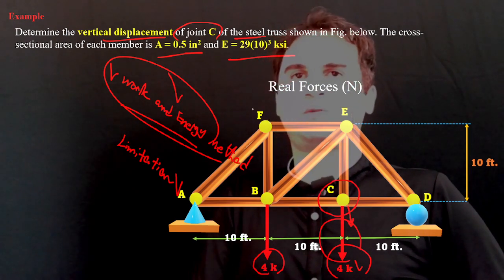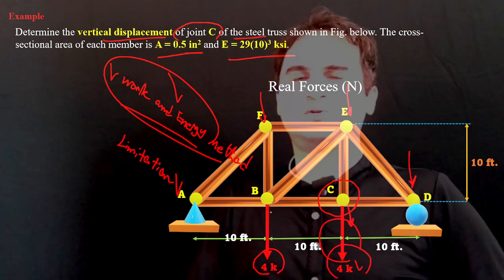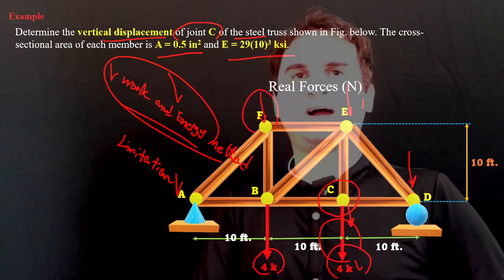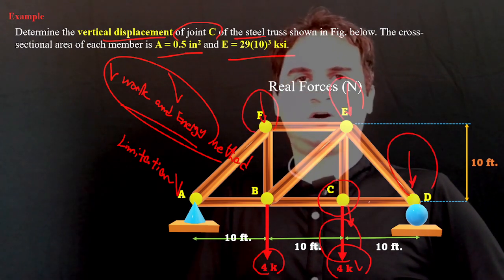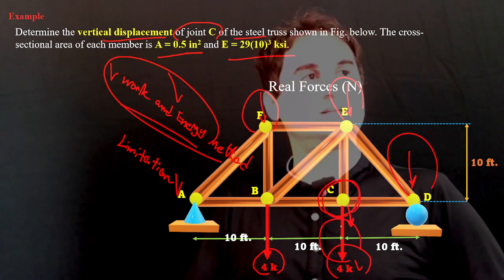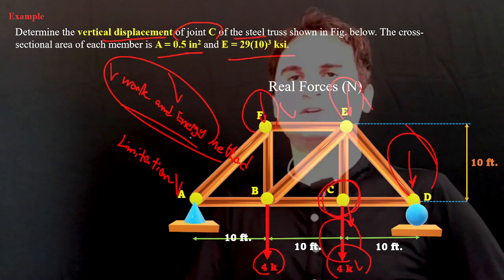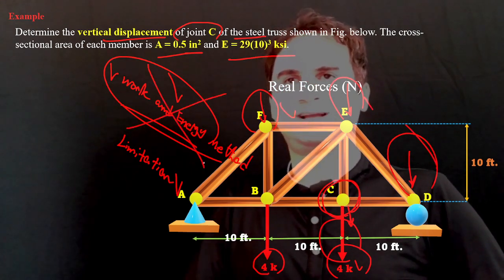But if there are other external forces applied at any other location, they also have their own effect on the deflection of that joint. Maybe that effect is small, but yet there is an effect. So you're not allowed to use the work and energy method.